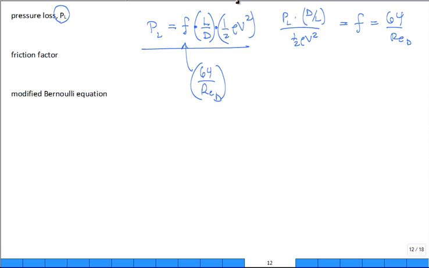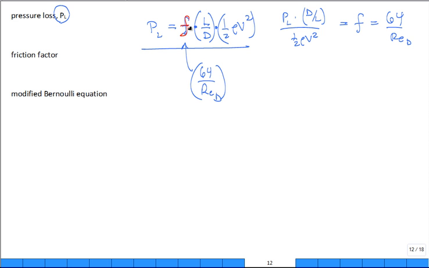Let me ask a question. What are the SI units of the friction factor? They're the same as the SI units for the Reynolds number. What are the SI units for the Reynolds number? Dimensionless. They're the same as the SI units for the drag coefficient. See, all these dimensionless parameters are dimensionless.